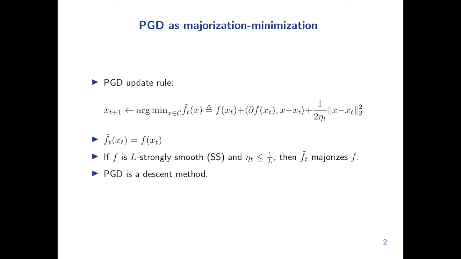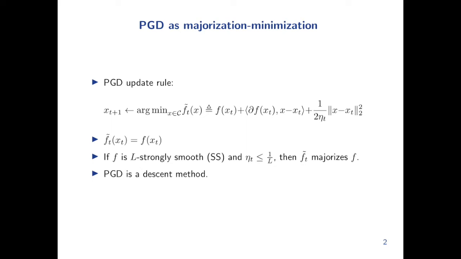Okay, the f tilde t, this model function, is exactly the same as in gradient descent. So it automatically has this upper bound property if the step length is small enough, and it also has the sharpness property. So in particular, f tilde of t at xt is exactly f of xt. Now, what this shows, again, it immediately implies that projected gradient descent is a descent method.